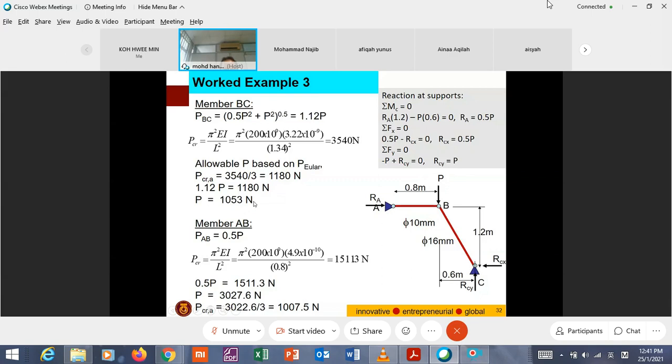That means we have to choose the smaller one, which is 1007, to make the two members are in safe condition.